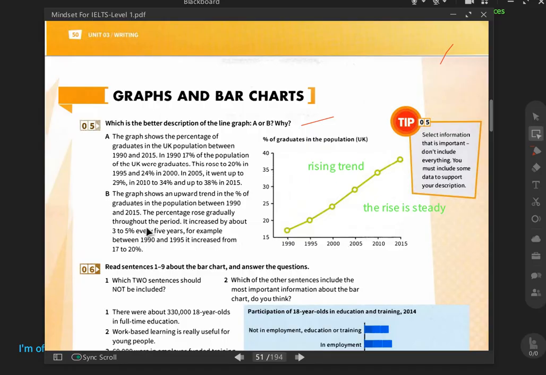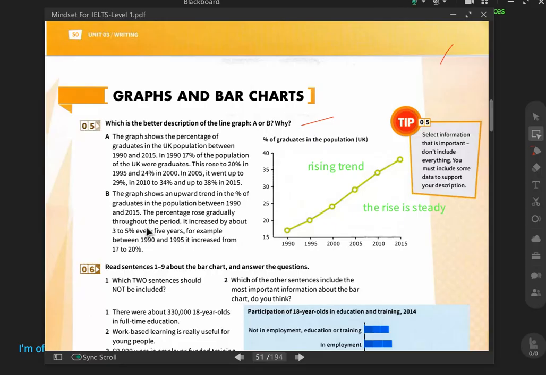I think B is better. Perfect. But why do you think B is better? You're definitely right. Because A has too much detail. Excellent. Yes. What are these numbers?